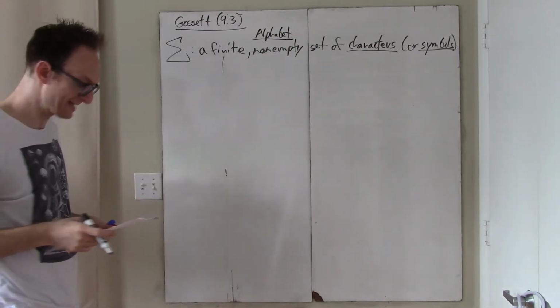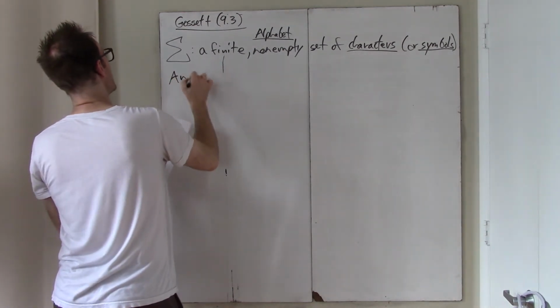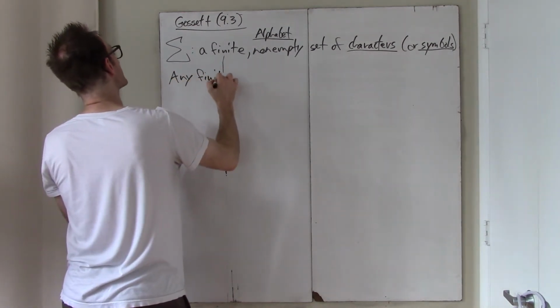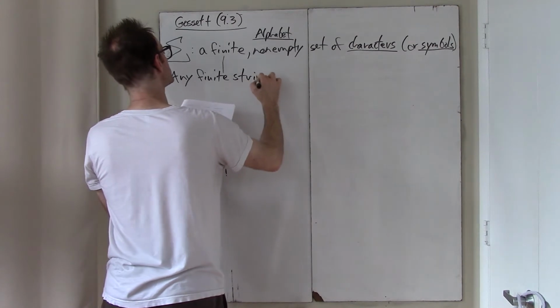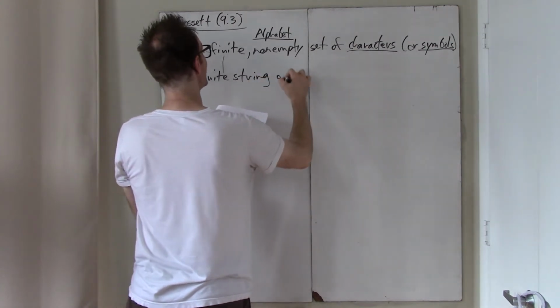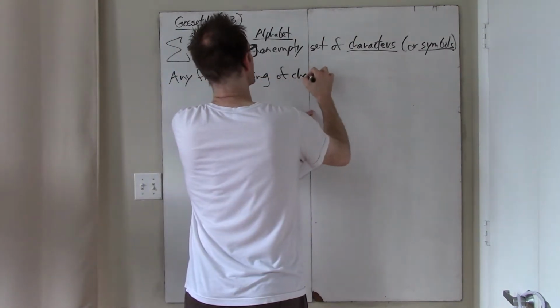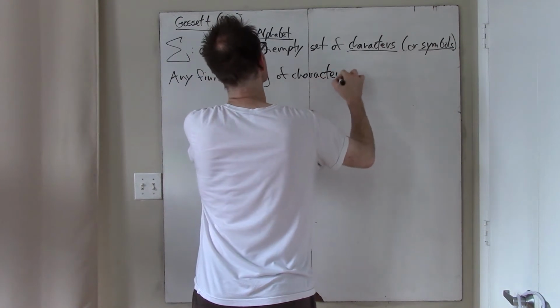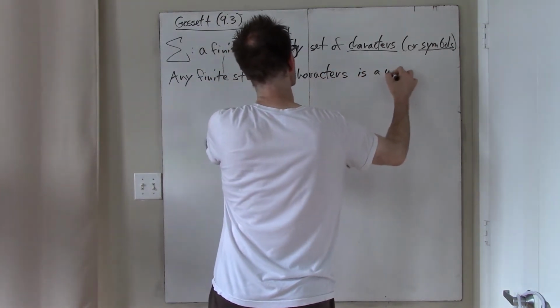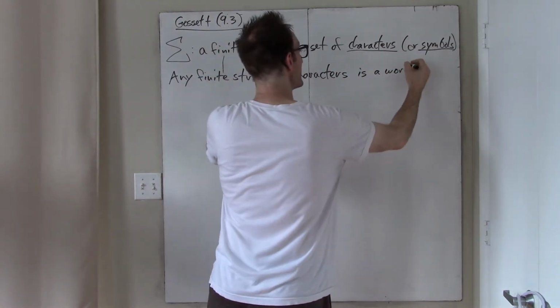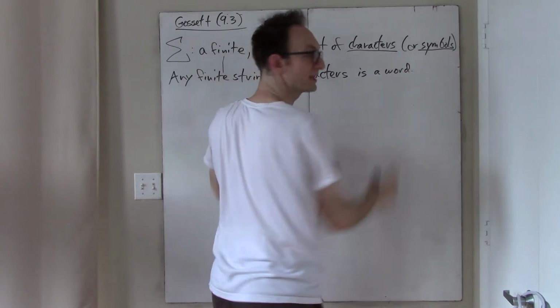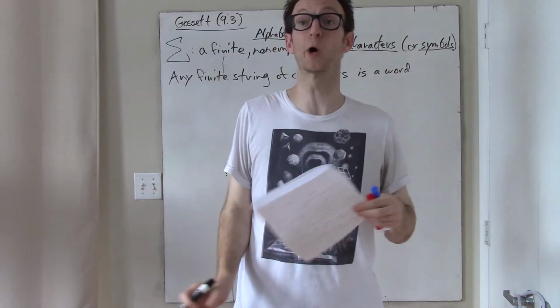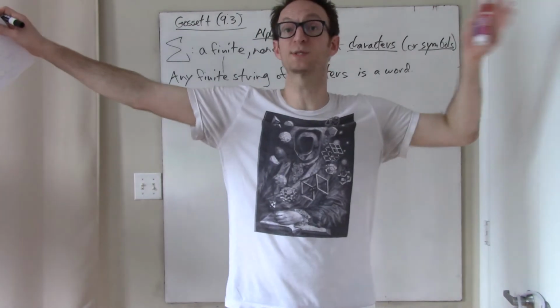Okay, and any finite string of characters is a word. In our linguistics examples, the smallest units were already words, and the string we were making was like a sentence.